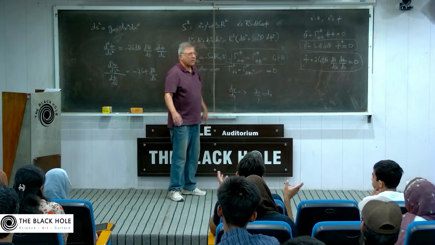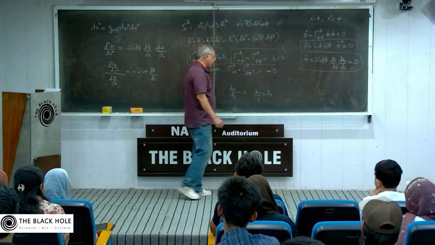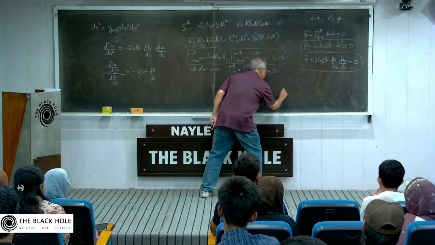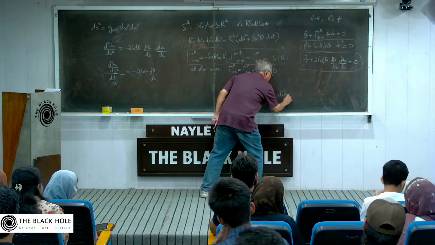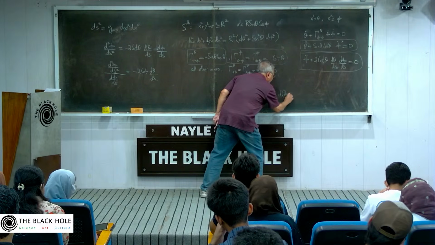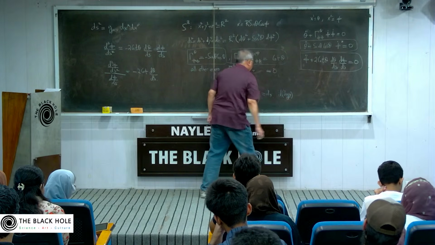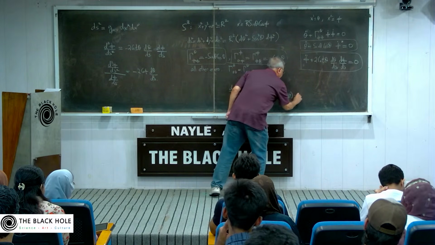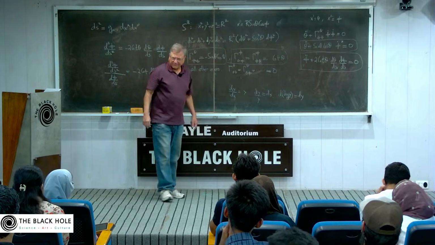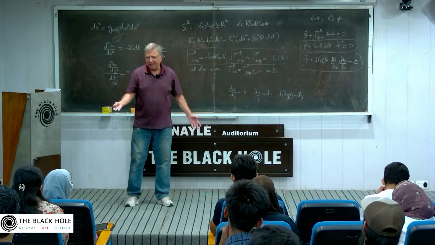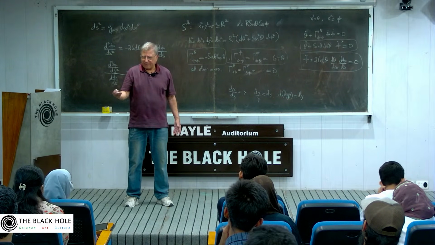Because I recognize that this is the same as d of log of y is equal to dy over y. Because when you differentiate log of y, you get 1 over y.